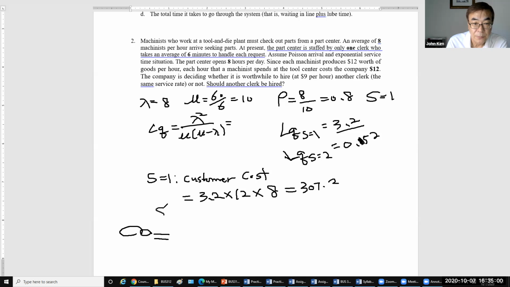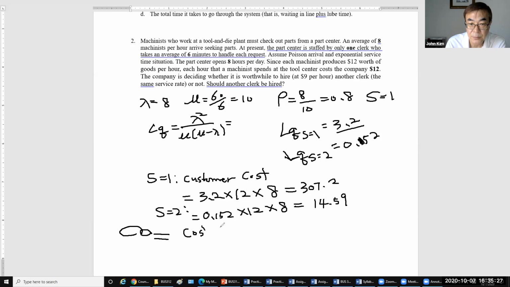And then if we hire one more, S equals 2, then customer cost equals LQ 0.152 times $12 times 8 hours, that is $14.59. So by hiring one more, the cost saved is $307.2 minus 14.59 equals $292.61.